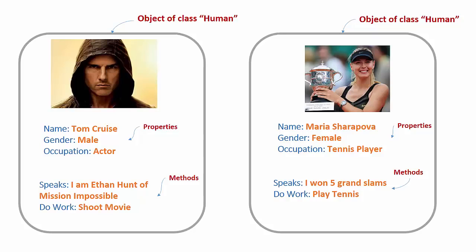But when you talk about a specific instance, the behavior varies, while the properties are common. For example, Tom Cruise has a name, Maria Sharapova has a name. But when you look at the actual value, the real name, they are different. Tom Cruise's name is Tom Cruise, and in the second case it is Maria Sharapova. So these names are different, but the properties are common.